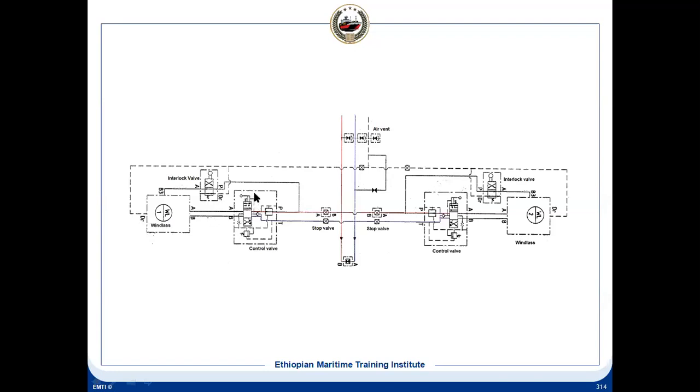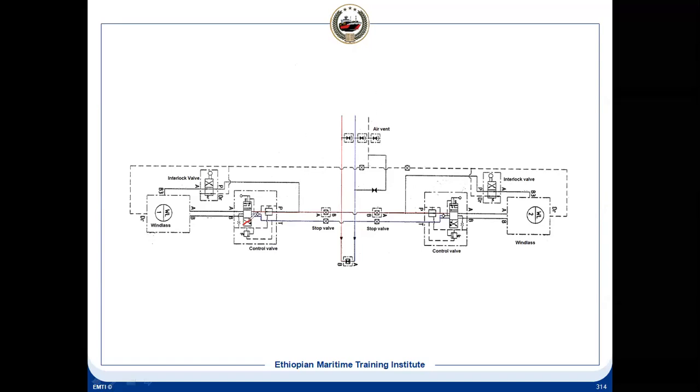Now this handle, when you move it, it can move in both directions, as you see in this diagram. Let me draw in green. So this is the pressure line which will be connected in this direction, and this will be the return line when this position comes.